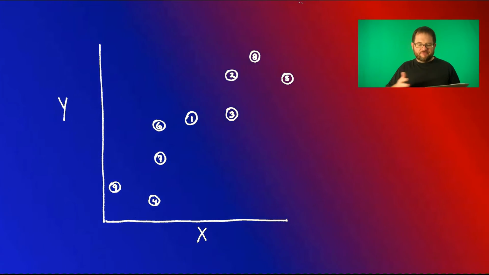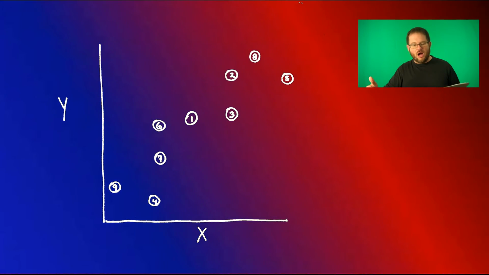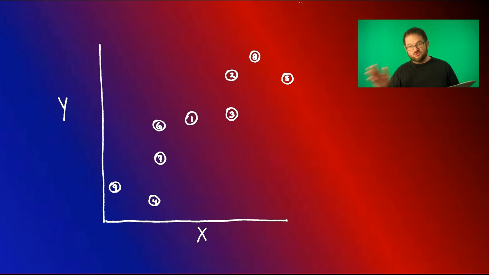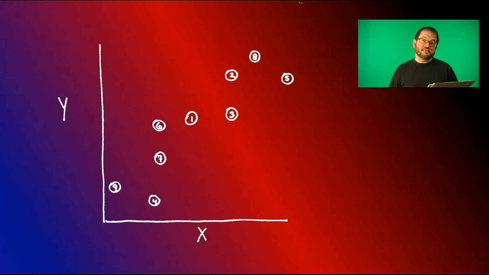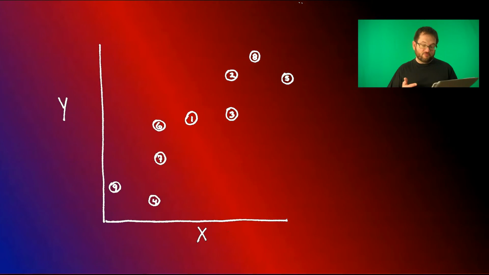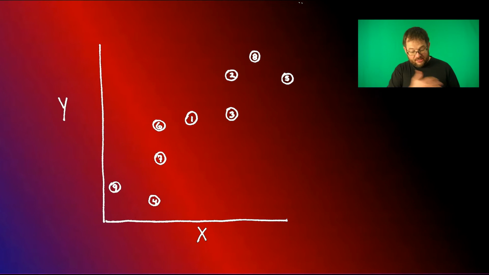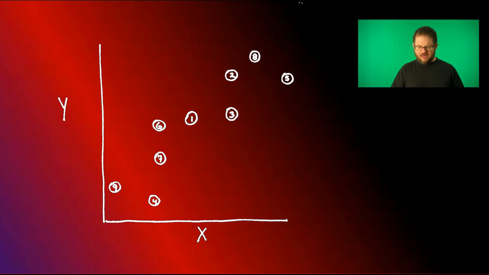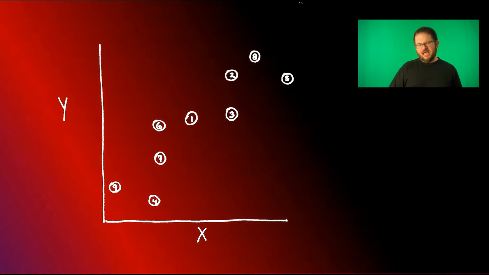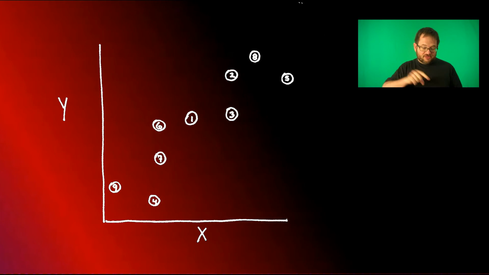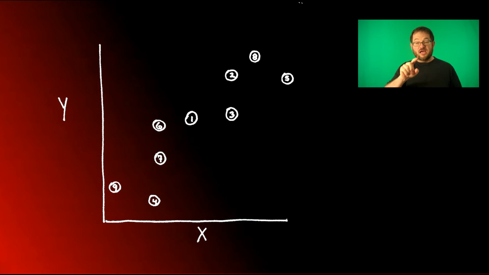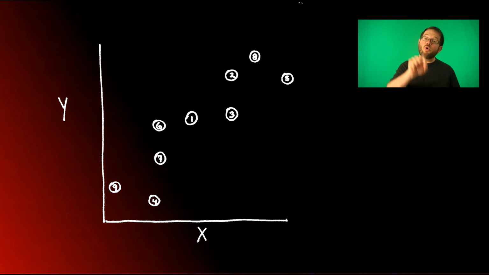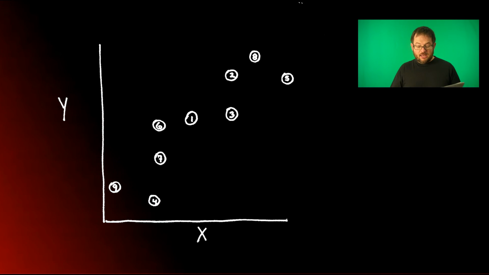Observation 8, which was a pretty big value of y, is also a pretty big value of x, so it's way far to the top right of the diagram. Observation 9 is a low value of y, and it happens to also be a low value of x, so it is way far to the bottom left of our diagram. Those same 9 observations, instead of being 9 little bars on a bar graph, are now 9 points on a scatter diagram.